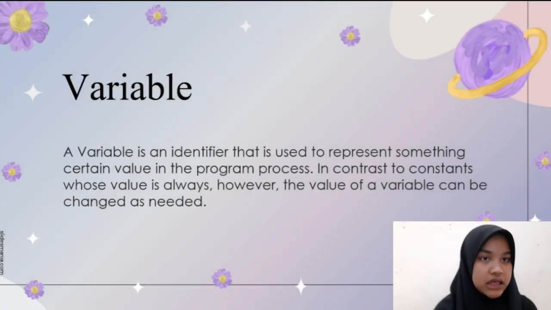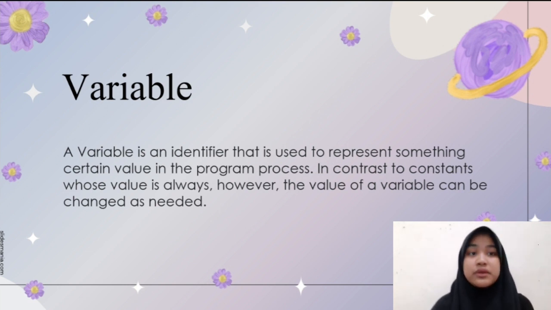The third is variable. A variable is an identifier that is used to represent certain value in the program process. In contrast to constants whose value is always fixed, the value of a variable can be changed as needed.